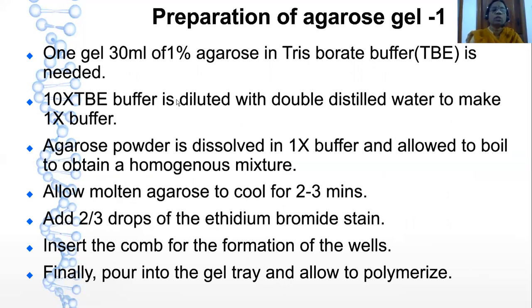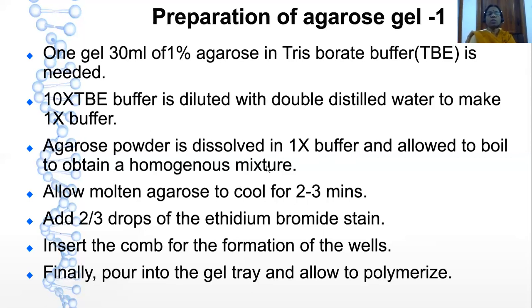This TBE 10x buffer is diluted to 1x buffer with double distilled water, and then the agarose powder is dissolved in this 1x buffer, as it does not dissolve in cold buffer. So we need to boil it to obtain a homogeneous mixture.